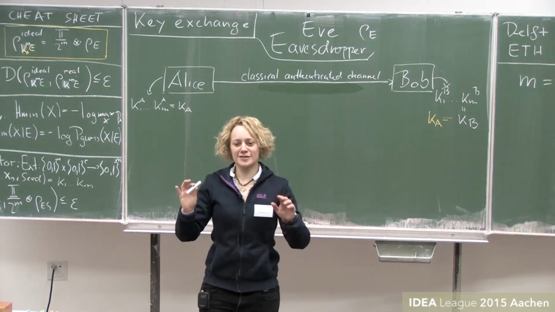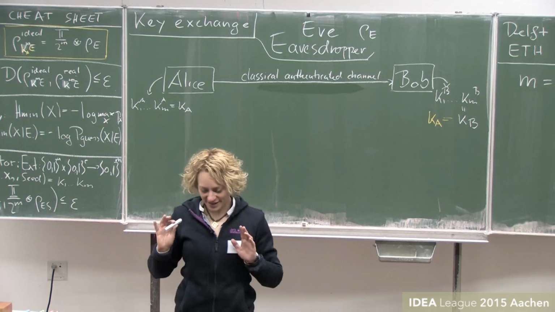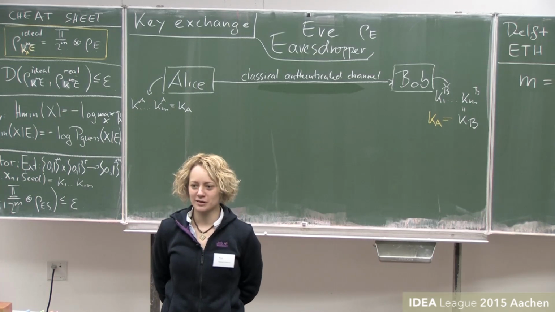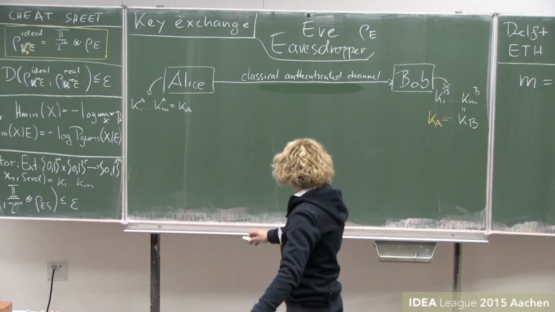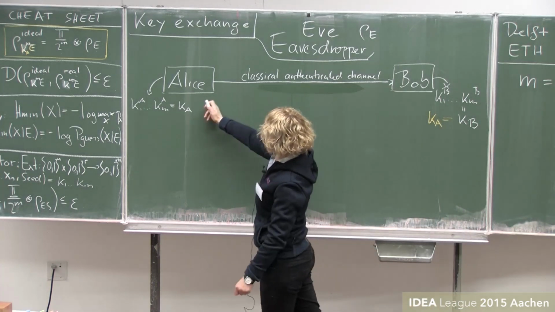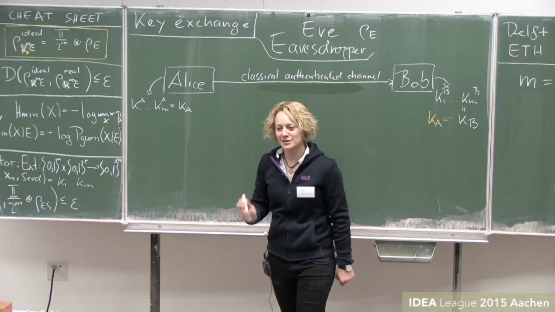So we're going to give Alice and Bob a resource. We're going to assume that there's a classical authenticated channel. So an authenticated channel means that if Bob listens at the output of this channel, he can be sure that whatever bits roll out of there are actually sent by Alice and not maybe by Eve.